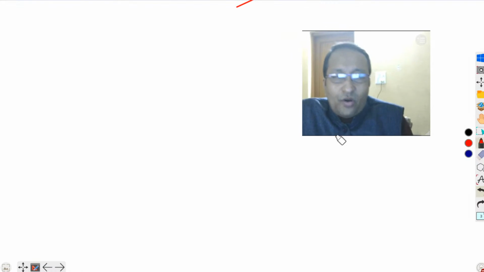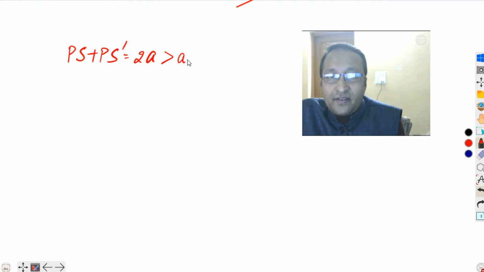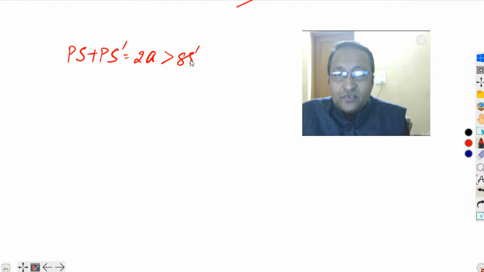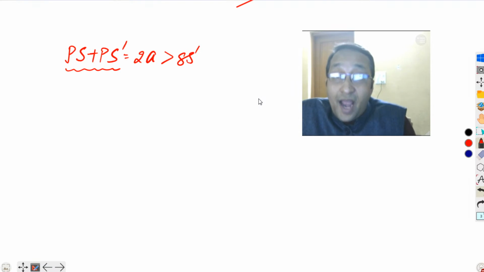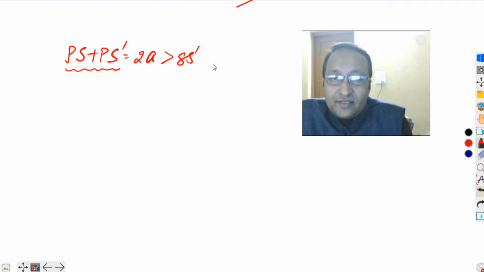I presume all of you are in class 11th and you know that PS plus PS dash is 2A, and 2A is obviously slightly greater than the distance SS dash. So this, although it can be done with geometry, since you are dealing with this problem and you are already in class 11, we would automatically assume that this is known to you.